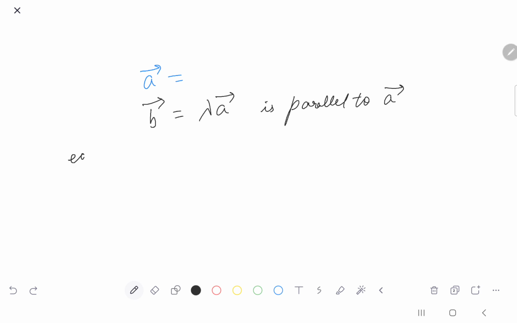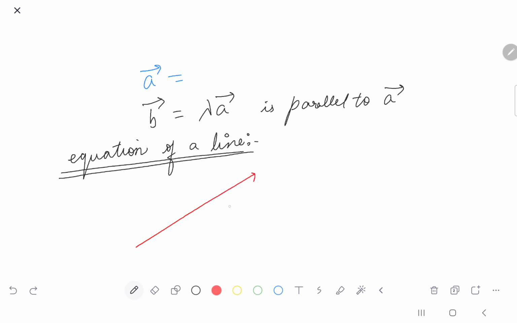Now understand. How do we write down the equation of a line? When we talk about the equation of a line, that exactly means what? That we have to find the equation of this red line. This is some random line R, and this line passes through a given point. Understand that in vectors, every point starts from the origin 0, 0, 0.